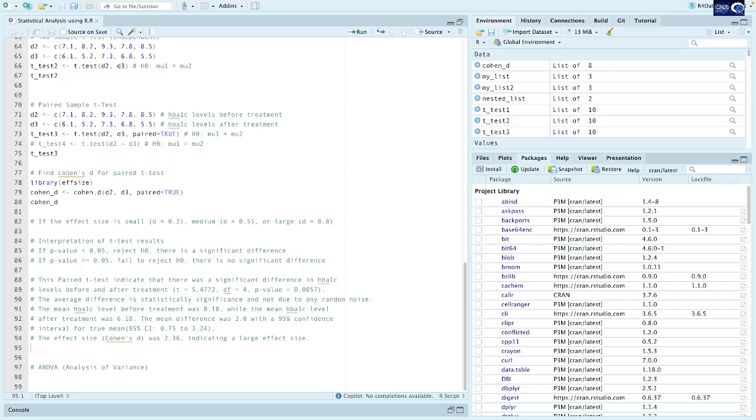So by these values, we can simply interpret the fitted model.